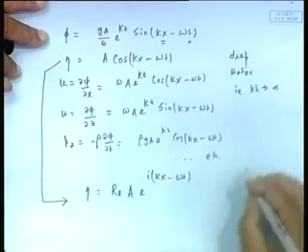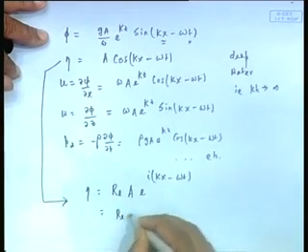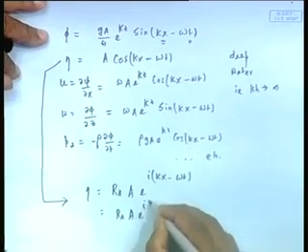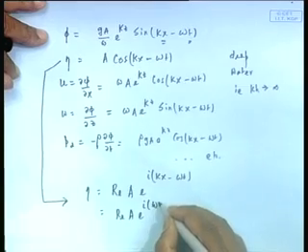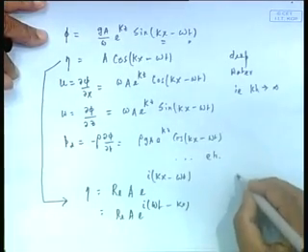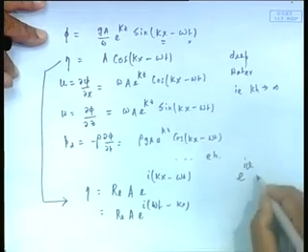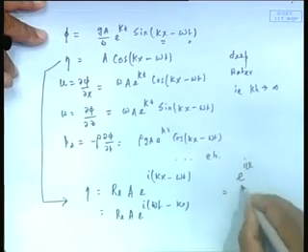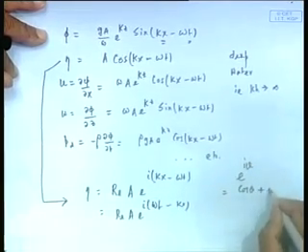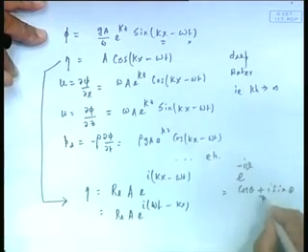Why? Because you can also write this as the real part of a e power of i(omega t minus kx). Both are the same, because we understand that e power of i theta is equal to cos theta plus i sin theta, and if you make it minus, it becomes minus.